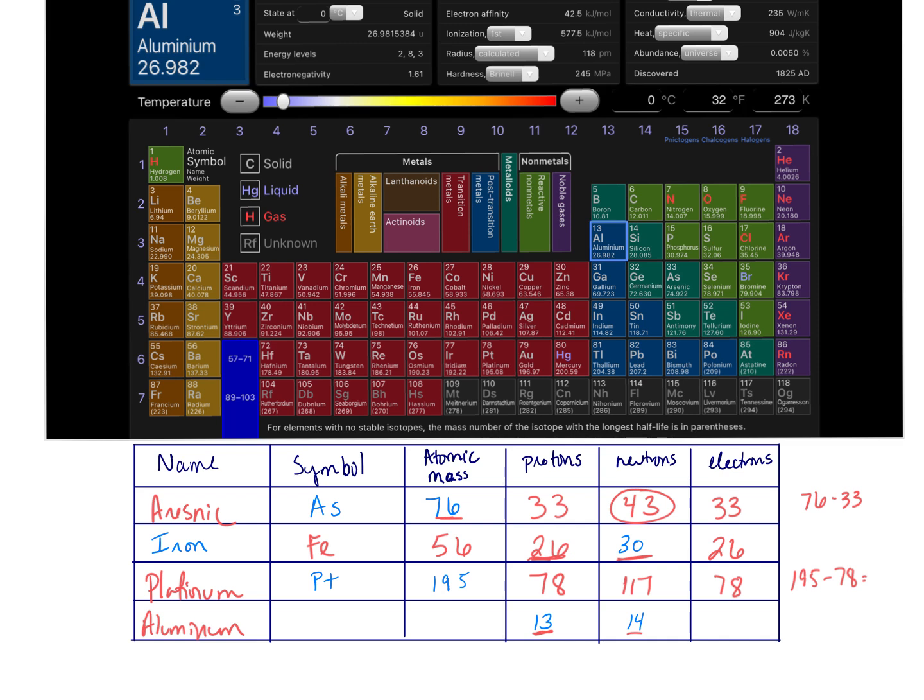Okay, so if we've got 13 protons and it's neutral, that's going to be 13 electrons. The atomic mass would be protons plus neutrons. So 13 plus 14 would give us 27. And the symbol is simply Al. So you sort of have to think your way through some of these. Totally possible to do though. I hope that makes sense.